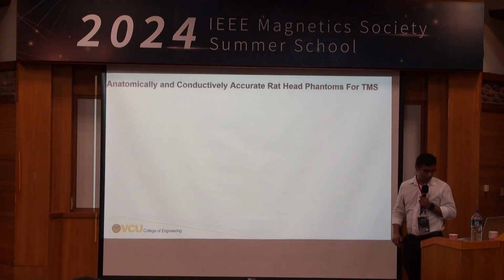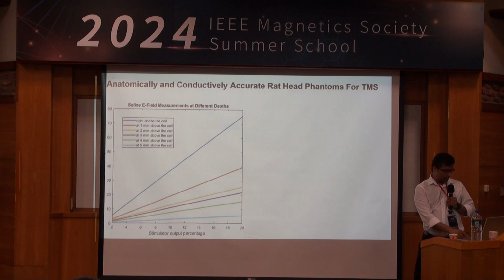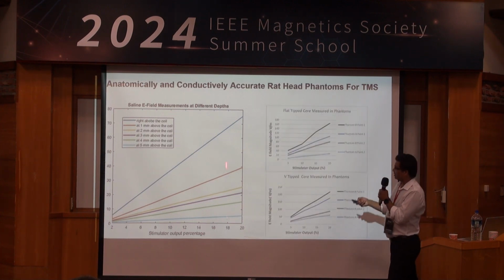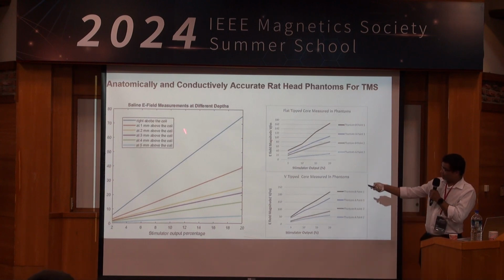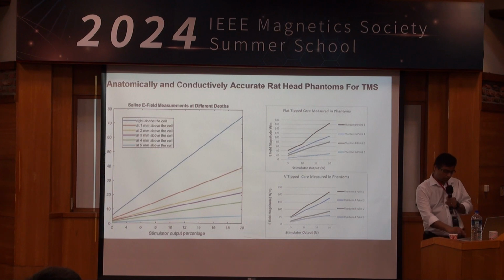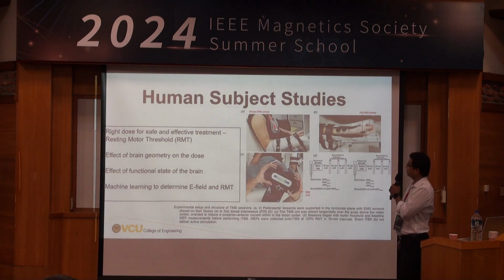This is on the animal phantoms, and again, we compared our induced electric field measurements to the saline solution and our simulations as well. So they agree with each other.